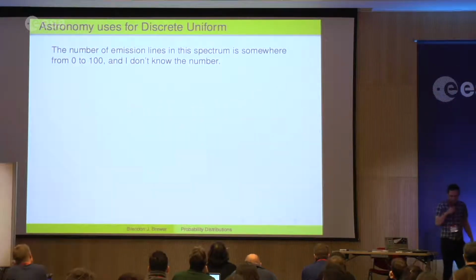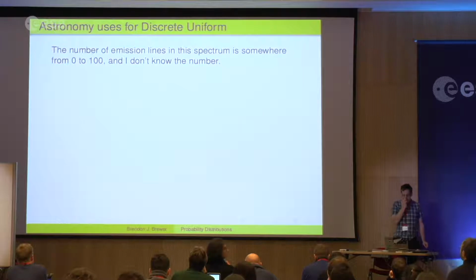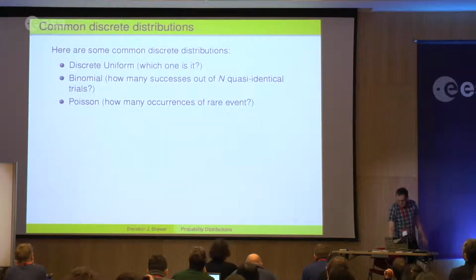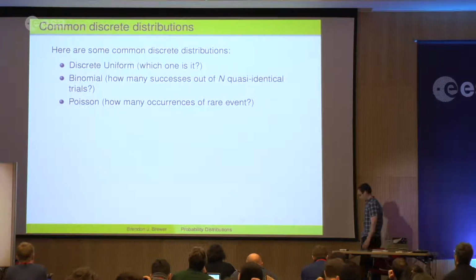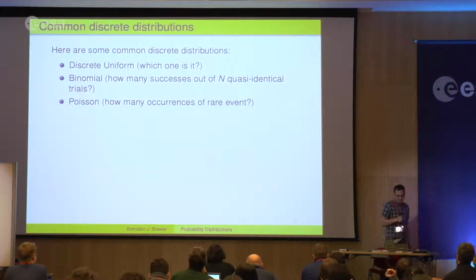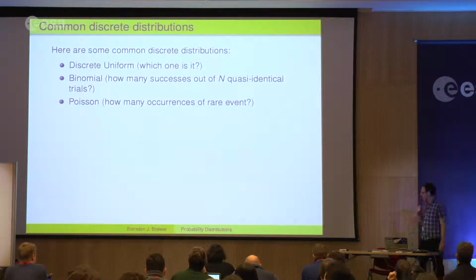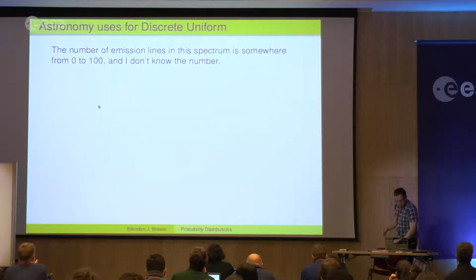There are huge numbers of families of probability distributions, and they all have their uses, but these are some of the popular ones. In astronomy, there aren't that many discrete distributions that are used a lot, although there are probably some that should be used in certain situations. I'm sure Ewan will have some things to say about that in his lectures. Some basic ones: discrete uniform, binomial, and Poisson, we looked at just briefly.